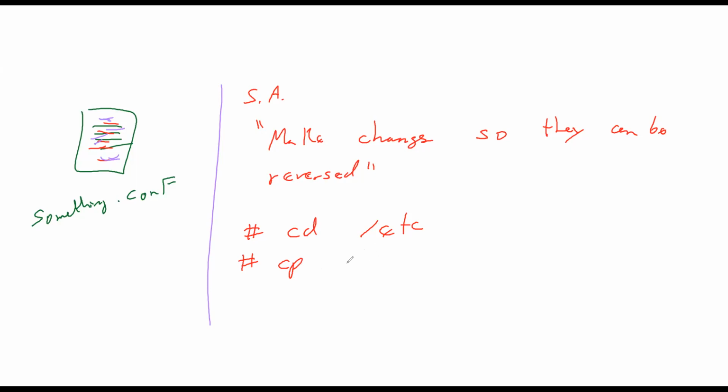So you're going to say cp something.configuration and save it as something.configuration.backup. It's not a bad idea to just call it .backup. That's perfectly fine in Linux. And now there are two different files. This one is still the one that Linux will look for, but you have the original in there, okay?